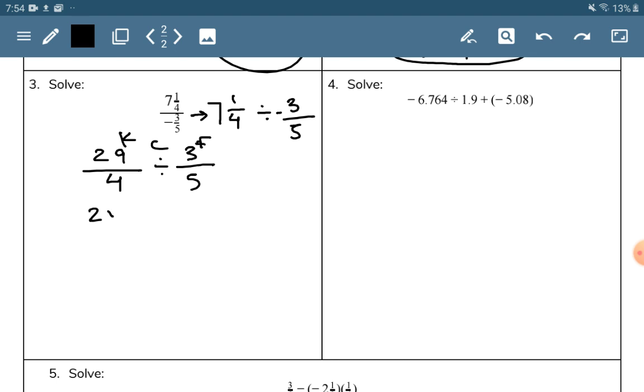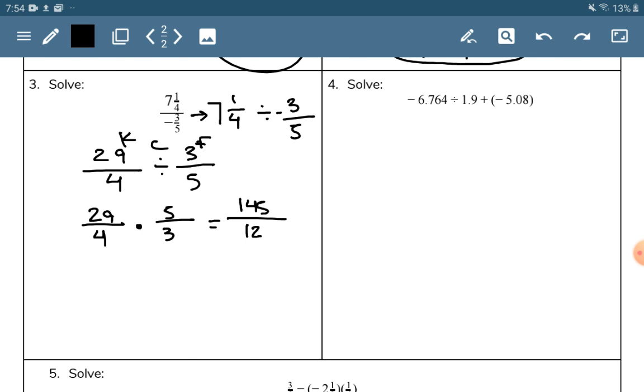I'm going to keep 29 over 4, change division to multiplication, and flip my last fraction. Again, 3 over 5 and 5 over 3 are reciprocals. That's the flip part. From there, I am going to multiply straight across the top and straight across the bottom. So when I multiply across, I get 145 over 12.